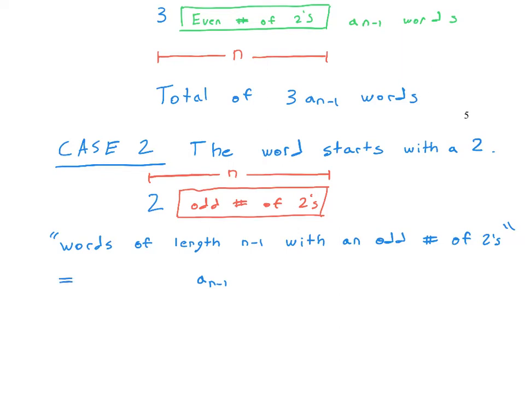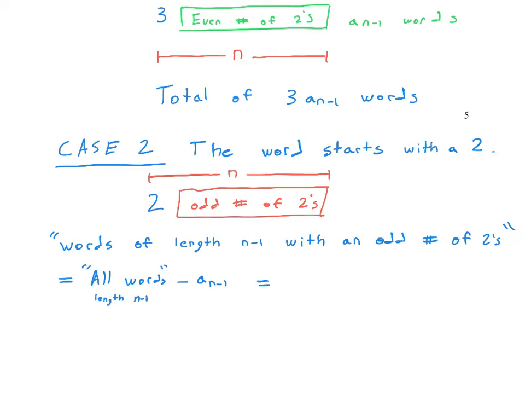So what we could do is take all words and take away the words with an even number of 2's to count what we're trying to count here. So all words of length n-1.